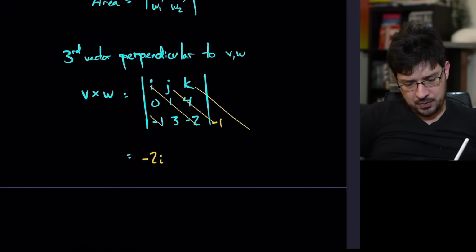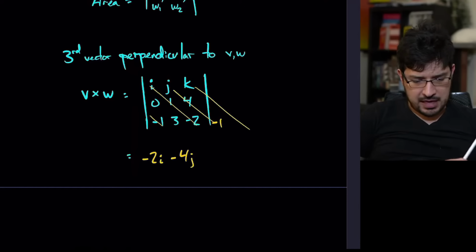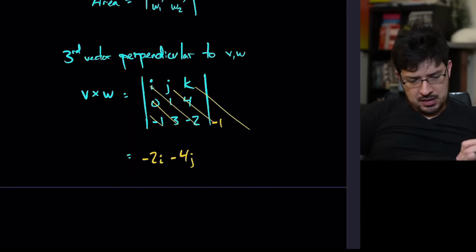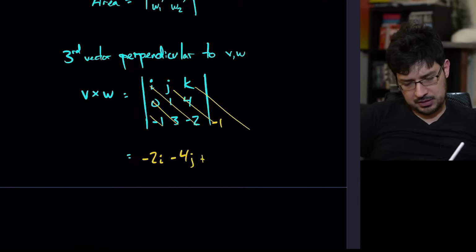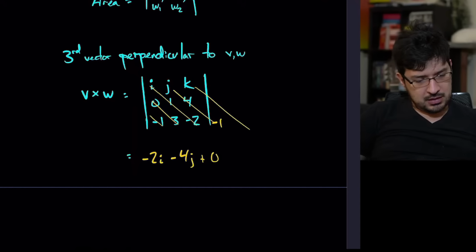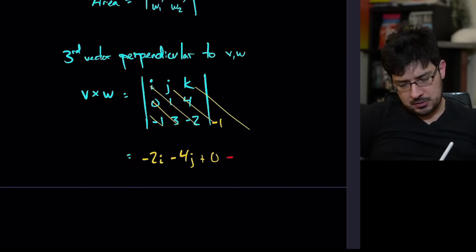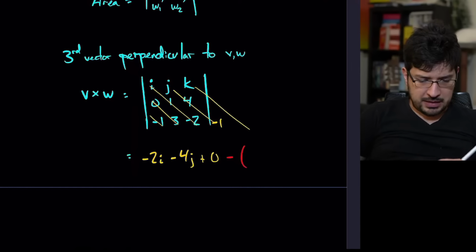So minus 4j, and then that last diagonal is k times 0 times 3 plus 0k3, and then we subtract these red lines.